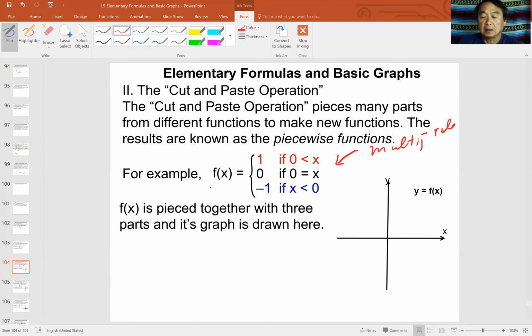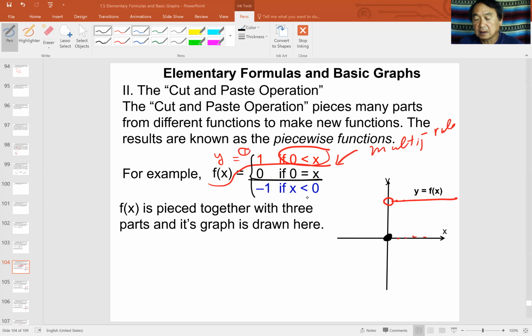So here's one; let me explain what this means. Rule number one: if the number you put in is bigger than 0, then y is equal to 1. So as long as you put in x greater than 0, you are going to get 1, so you get this line. But it says if the number you put in is 0, the function returns 0, so now the graph jumps to that point.